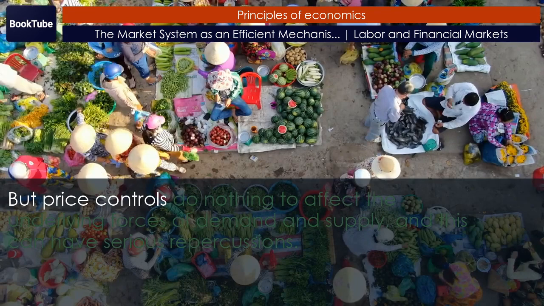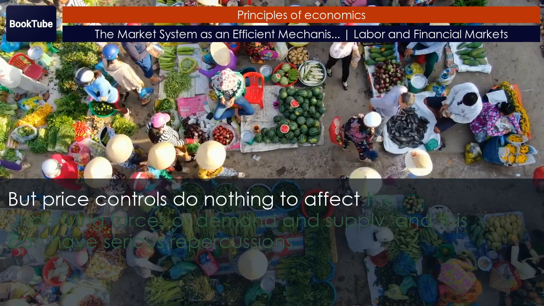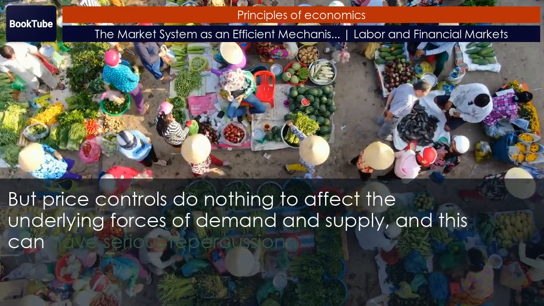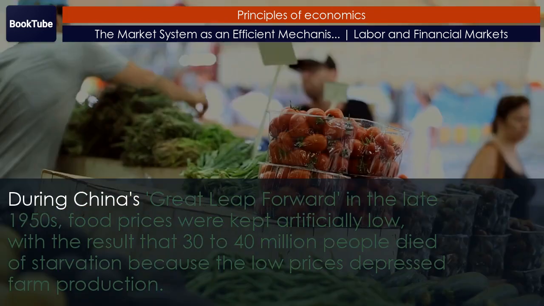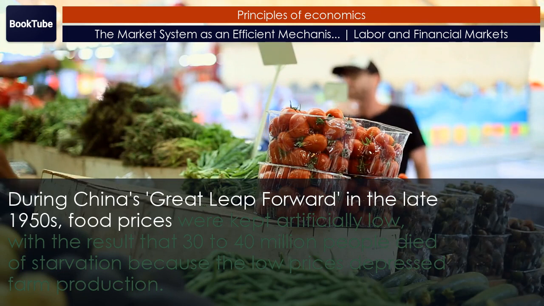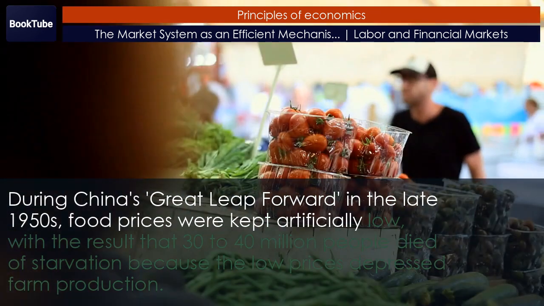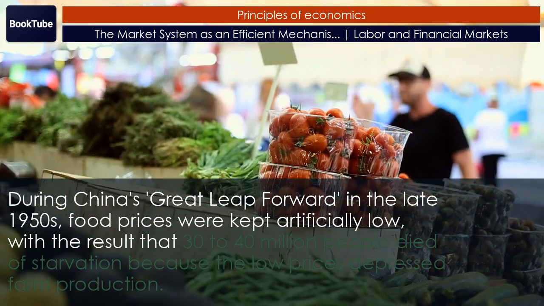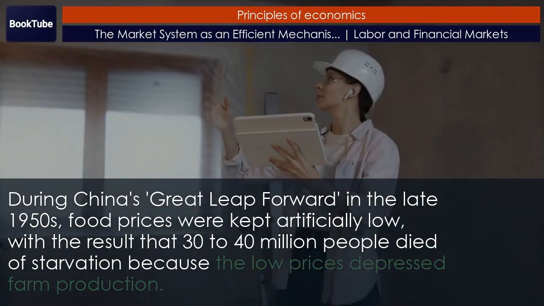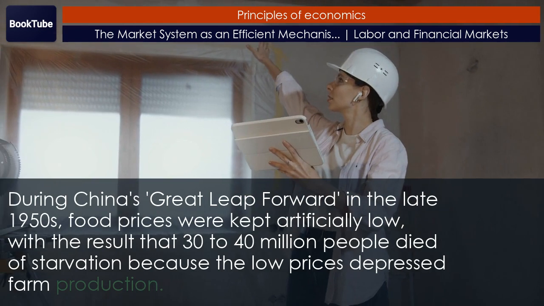But price controls do nothing to affect the underlying forces of demand and supply. And this can have serious repercussions. During China's Great Leap Forward in the late 1950s, food prices were kept artificially low, with the result that 30 to 40 million people died of starvation because the low prices depressed farm production.